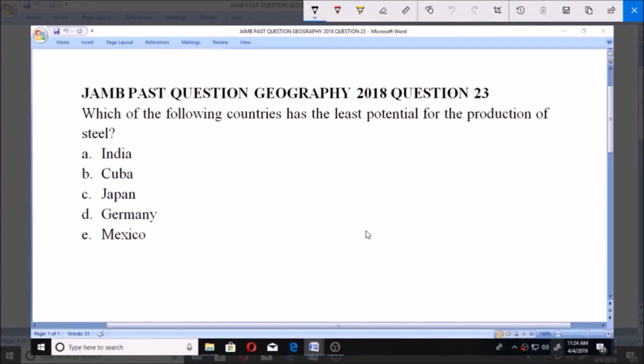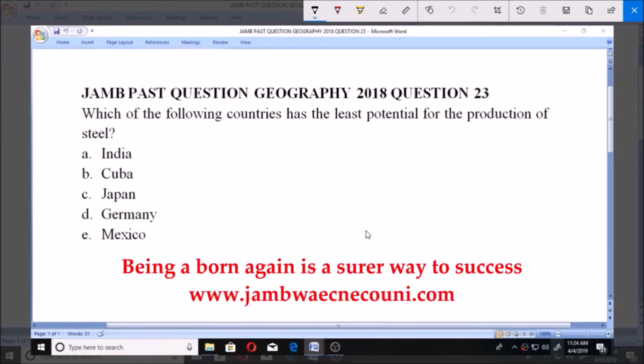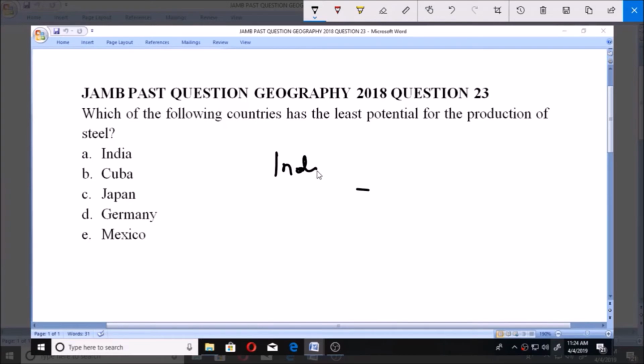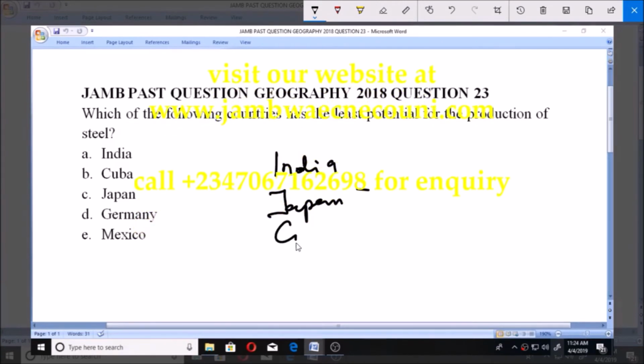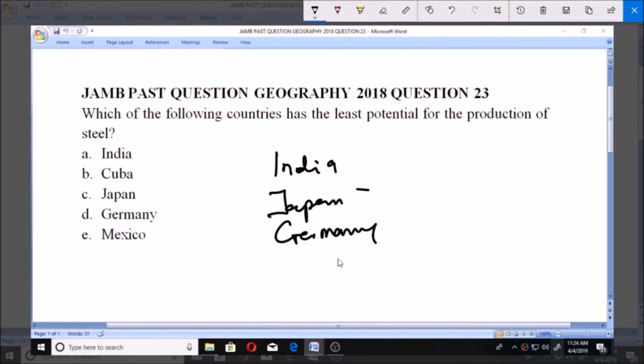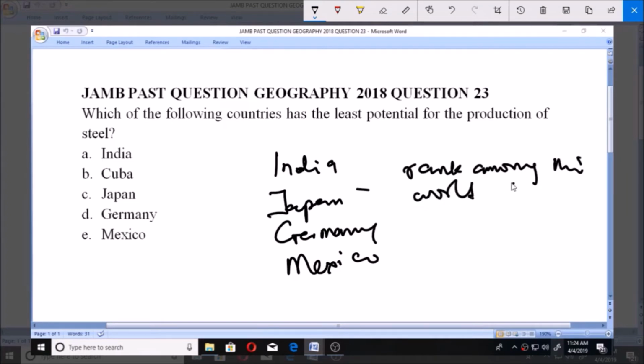Now, for us to get this in perspective from the data available on steel production, it's very important that we know that the following countries: India, Japan, Germany, and Mexico all rank among the world steel production countries.